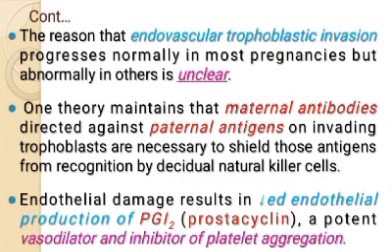Continue. Why endovascular trophoblastic invasion progresses normally in most pregnancies but abnormally in others is unclear. One theory maintains that maternal antibodies directed against paternal antigen on invading trophoblasts are necessary to shield those antigens from recognition by decidual natural killer cells.